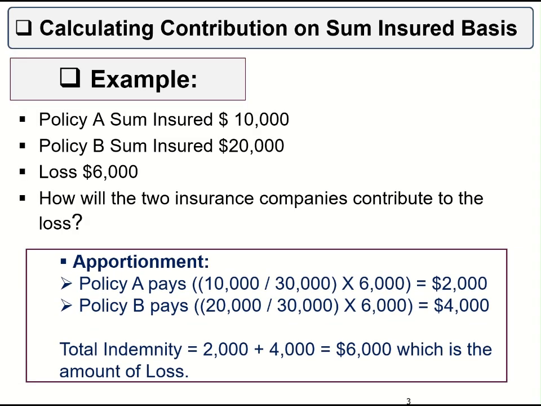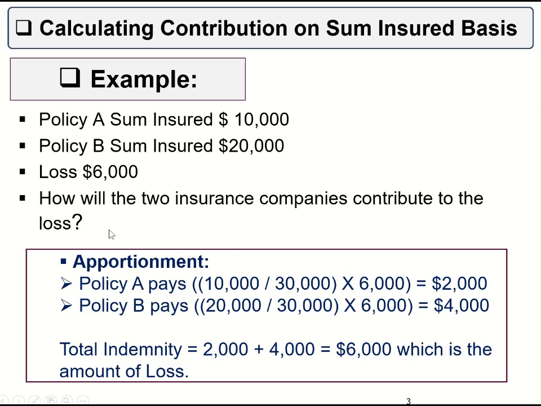For example, policy A sum insured $10,000, policy B sum insured $20,000, and the loss is $6,000. How will the two insurance companies contribute to the loss? Look here at the apportionment.